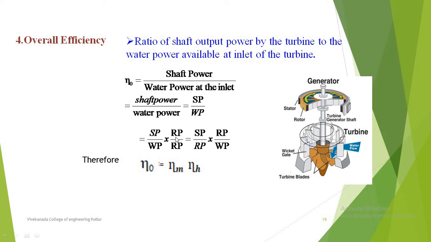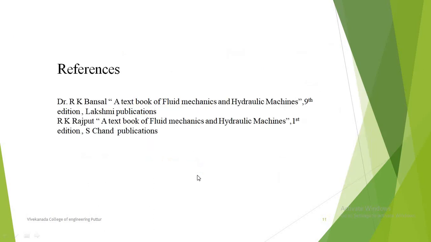Just look here. So RP, runner power, multiplied here. Take shaft power on this side, runner power, and water power on this side. Shaft power divided by runner power is mechanical efficiency. Runner power by water power is hydraulic efficiency. So overall efficiency is equal to mechanical efficiency into hydraulic efficiency.